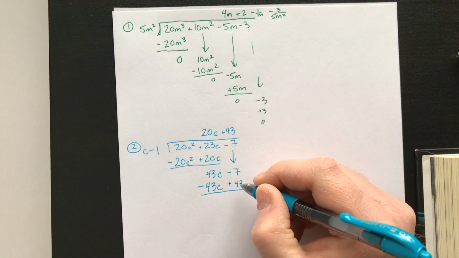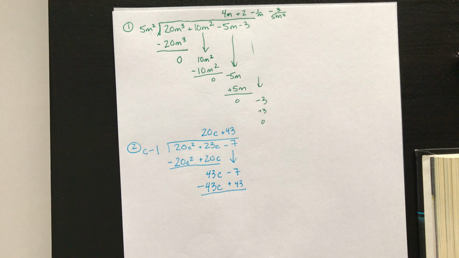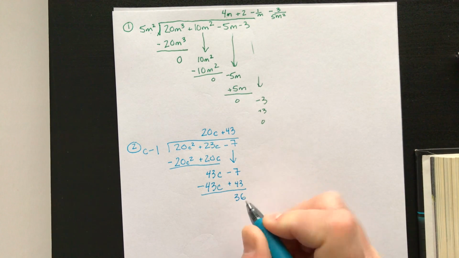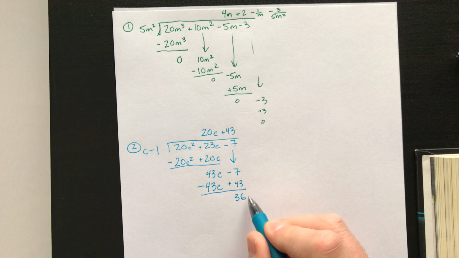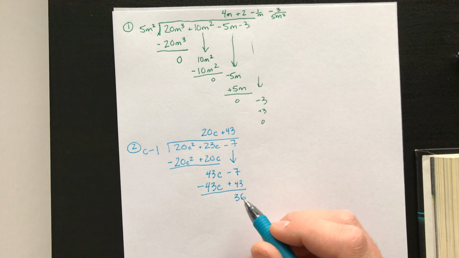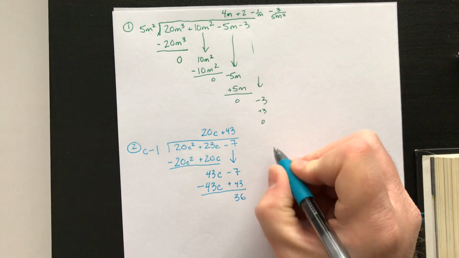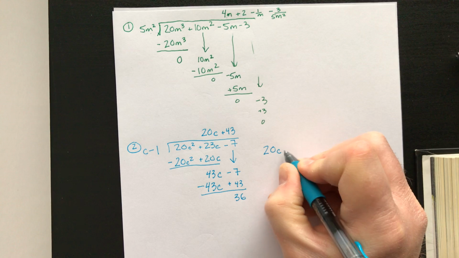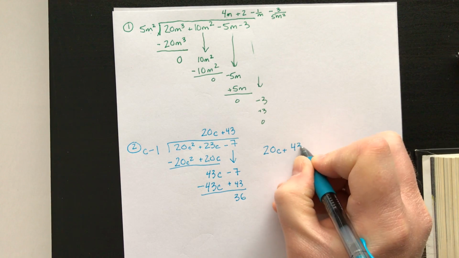And then this here, we have negative 7 plus 43 gives us a 36. Now, this is like a remainder. This 36 is a remainder. So what you do with these problems, your answer is right here. 20c plus 43.